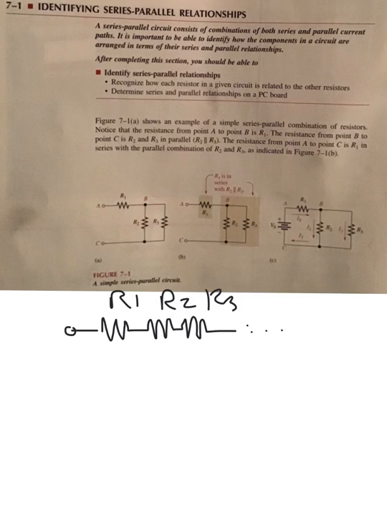What you can say about these three resistors is that they are end to end to end. That's point A, that's point B, that's point C, and that's point D.